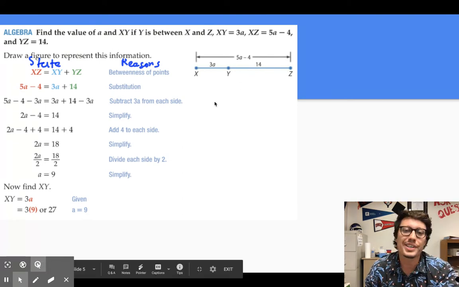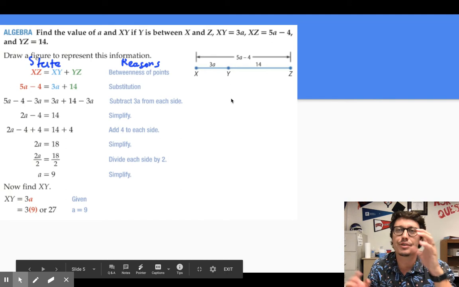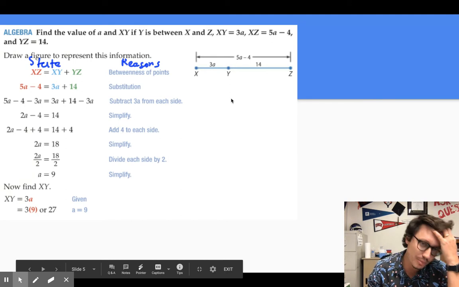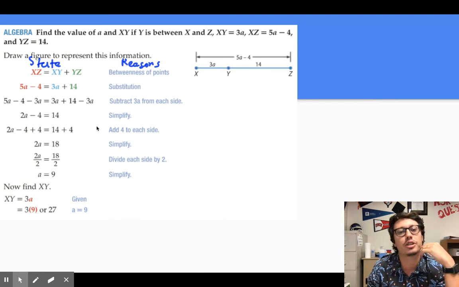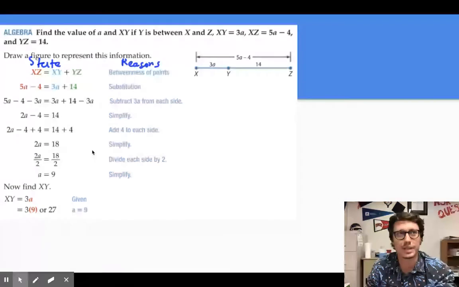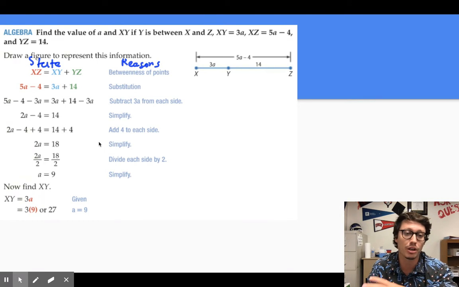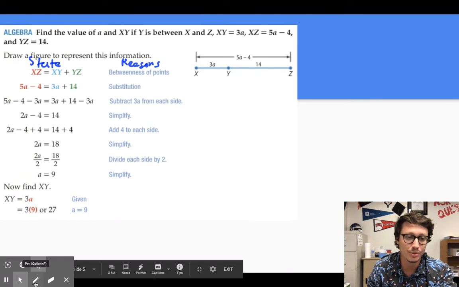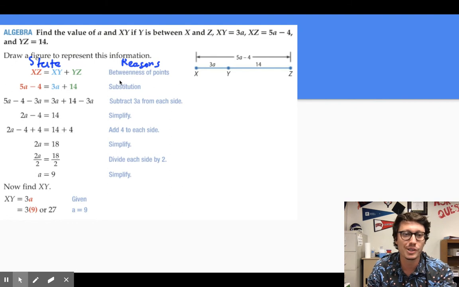All right, so this problem incorporates both geometry and algebra. So there's a little bit of both. You will see the properties that we used last lesson in algebra along with the properties that we will use here. So xz equals xy plus yz. I actually hate what they said right here.